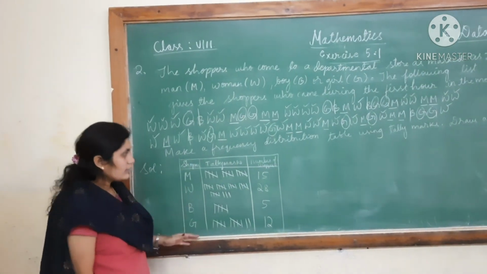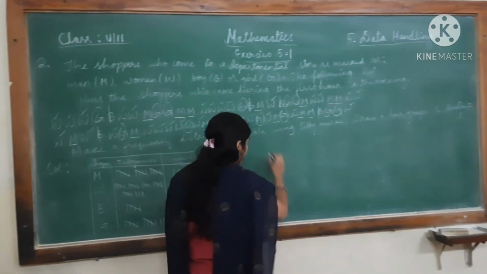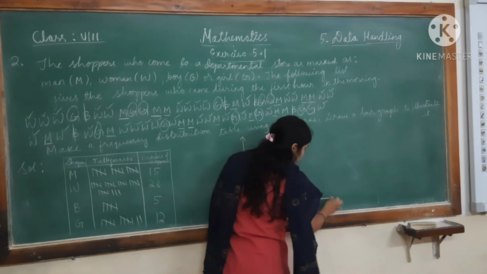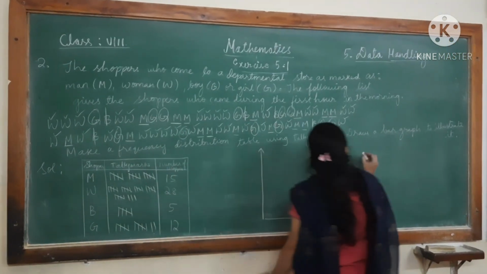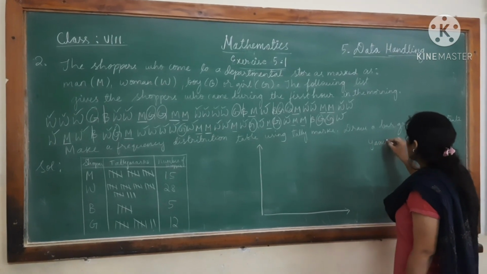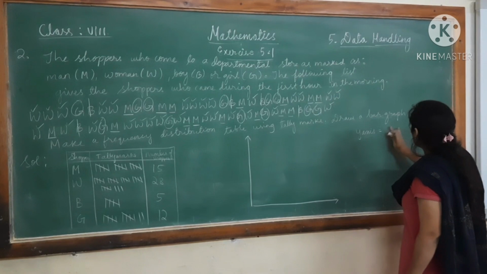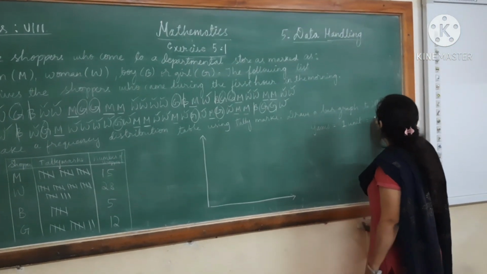So the tally table is ready now. Let me represent this data using the bar graph. Draw the graph for this. And here on the y-axis, 1 unit is equal to 5 people.